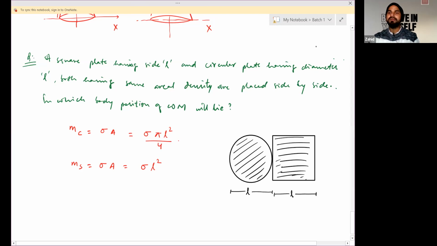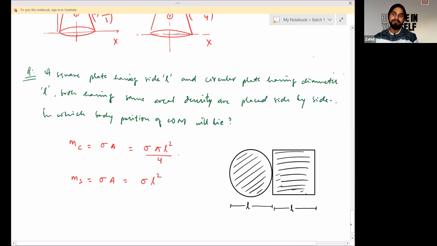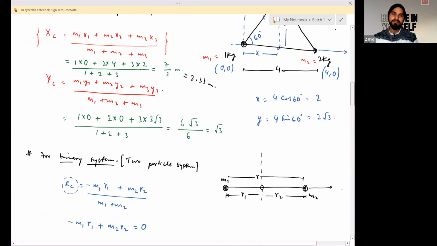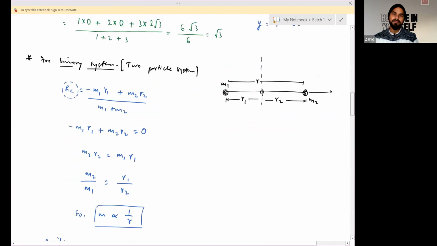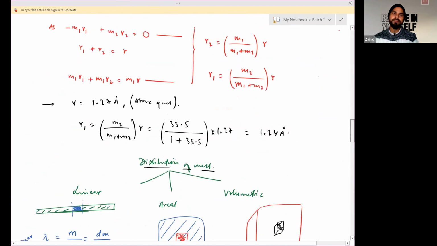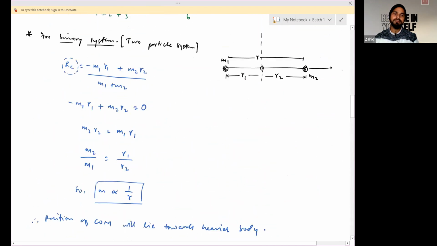And above, I defined that the center of mass will lie towards the heavier body. The position of the center of mass will always lie towards the heavier body.